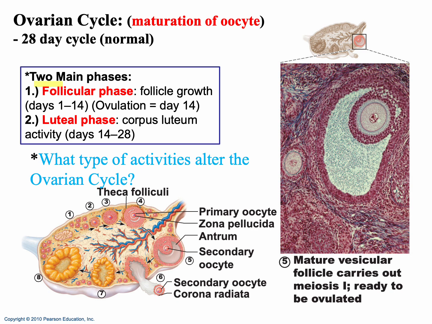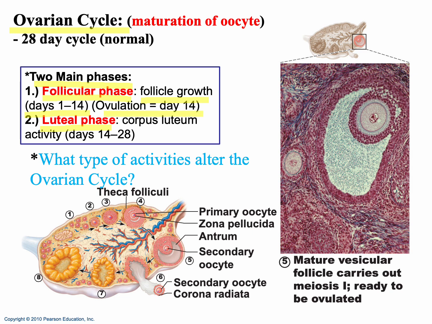So, 2 main phases of the ovarian cycle: the follicular phase and the luteal phase. The follicular phase is referring to the time frame of the follicle growth, which is usually days 1 through 14, and then the adult follicle ruptures at ovulation, day 14.